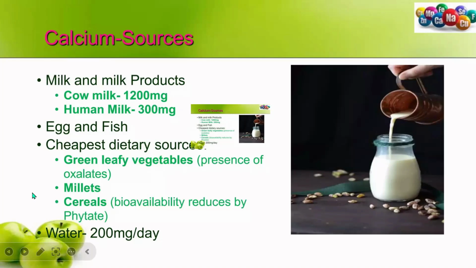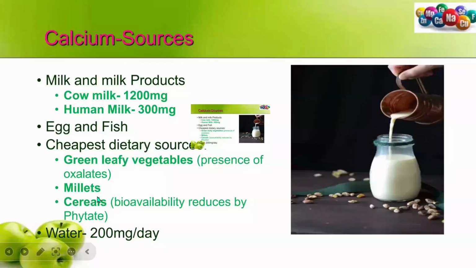Millet and cereals are also highly rich in calcium, but bioavailability is reduced by phytate, which is also found in cereals. In water also we have calcium, about 200 milligram per day.